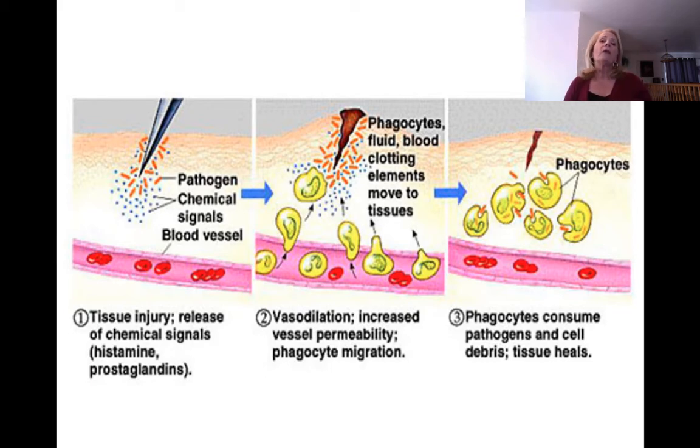Now, what phagocytes also do is they actually release what's called HClO. And that is hypochlorite. And hypochlorite, if you look on your bleach bottle, it'll say sodium hypochlorite, but hypochlorite is basically bleach. And because it's releasing this bleach and it's eating up the pathogens and it's trying to destroy those pathogens, this is how the pus actually occurs.